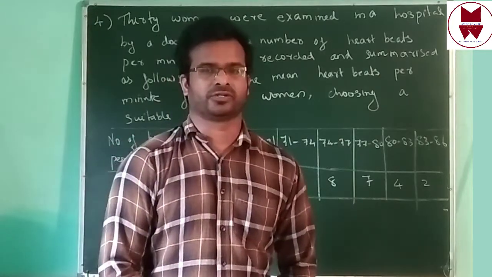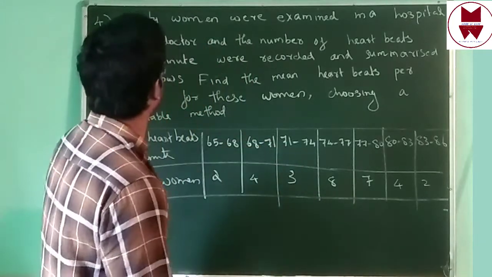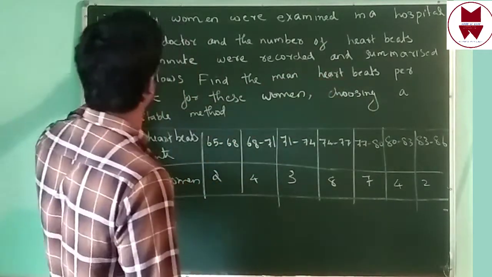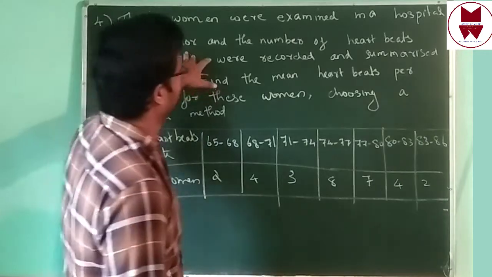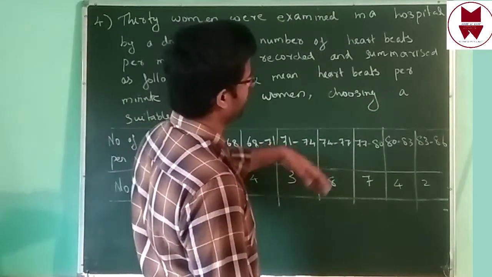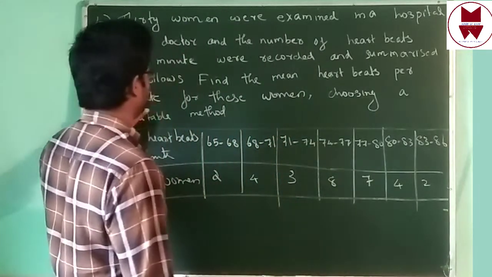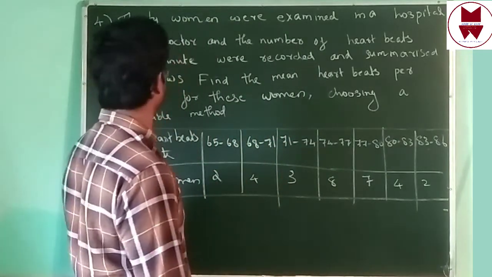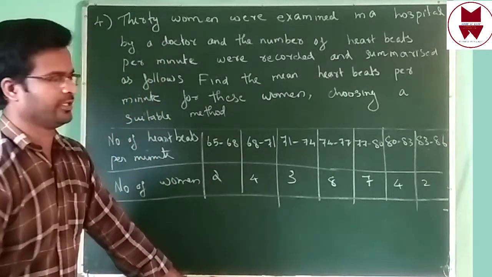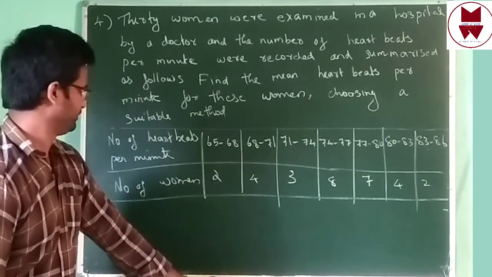Now we can see question number 4. 30 women were examined in a hospital by a doctor. The number of heartbeats per minute were recorded and summarized as follows. Find the mean heartbeat per minute for these women, choosing a suitable method. We can use any method in here also.